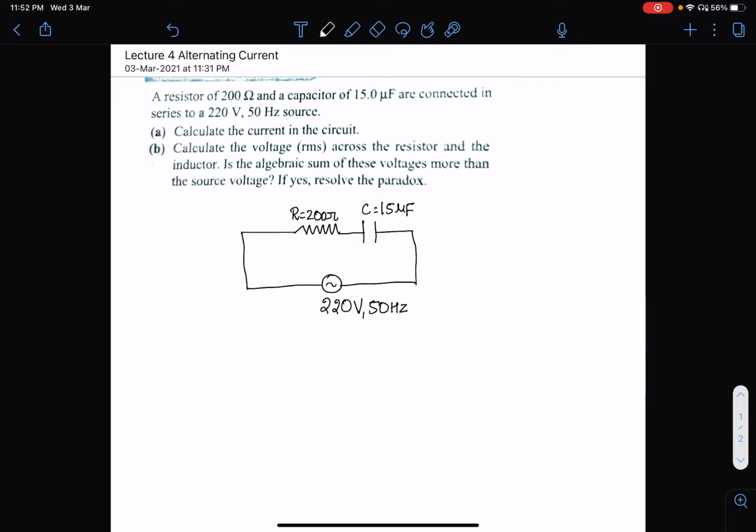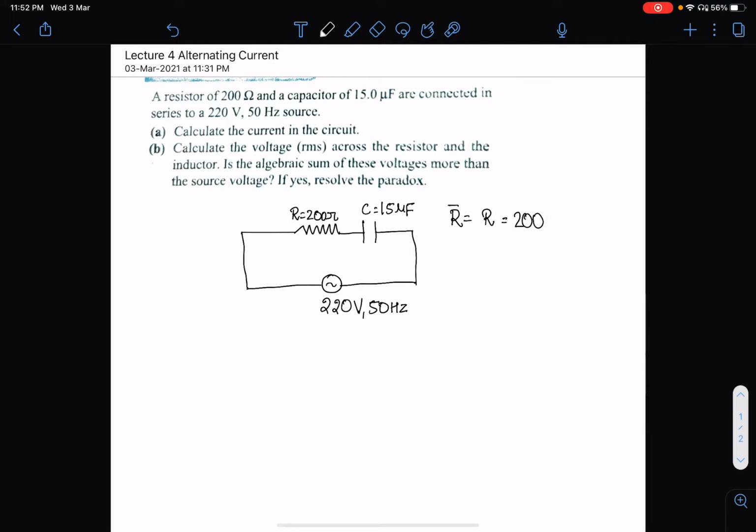So first we have to calculate the current in the circuit. For calculation of current, of course first we'll calculate the impedance of this circuit. And before calculating the impedance, we'll write expressions for the resistor and the capacitor in the phasor method, into the complex number form. R phasor, we can write as R only, which is nothing but 200 ohm.